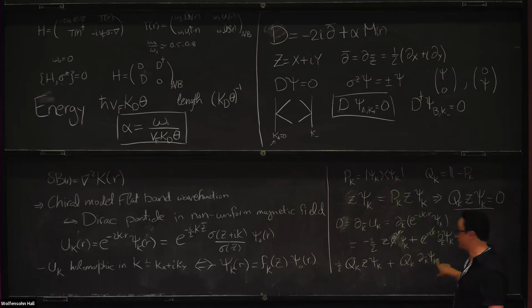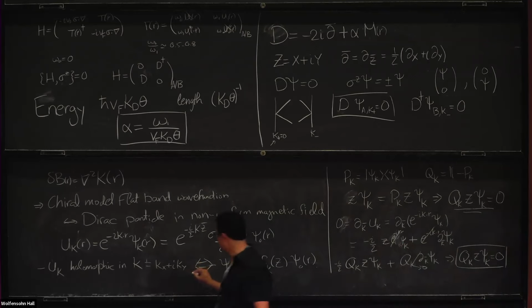And if I shift k because of momentum conservation, this projector acting on it also gives me 0. So this object is 0. So this is the first direction, going from here to here.